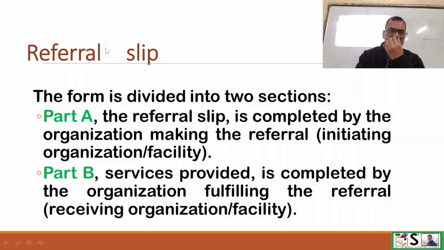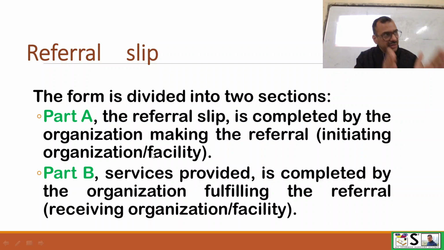If we see the sample, we can say that the referral slip is divided into two sections, part A and part B. Part A of the referral slip is completed by the organization making the referral, meaning the initiating facility.